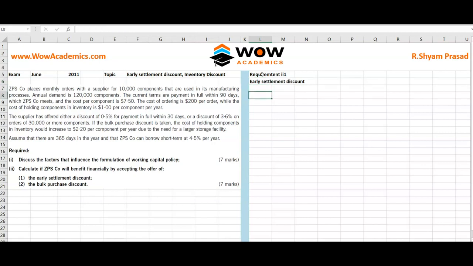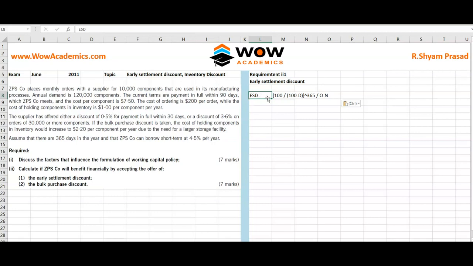We'll start from a formula. This is the formula for early settlement discount. Early settlement discount is a discount given by the company or by the creditor to encourage quicker settlement of debts. We have to read the question to understand whether it's a receivable or a payables question.